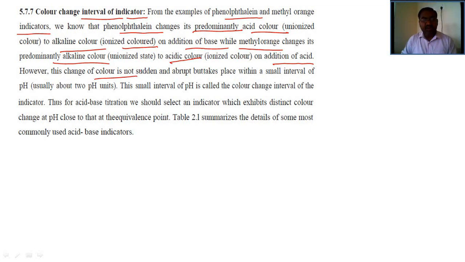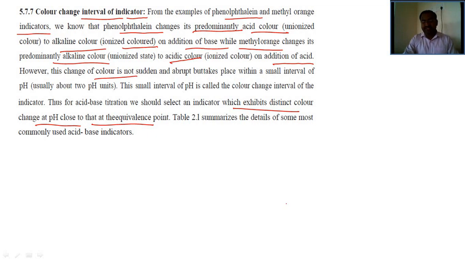Thus, for acid-base titrations, we should select an indicator which exhibits a distinct color change at a pH close to the equivalence point.